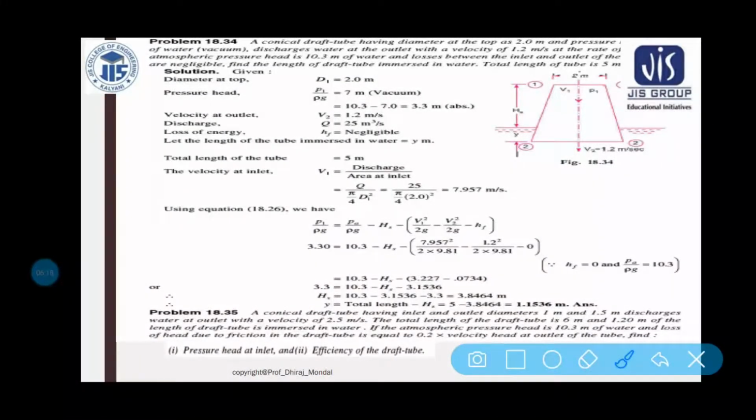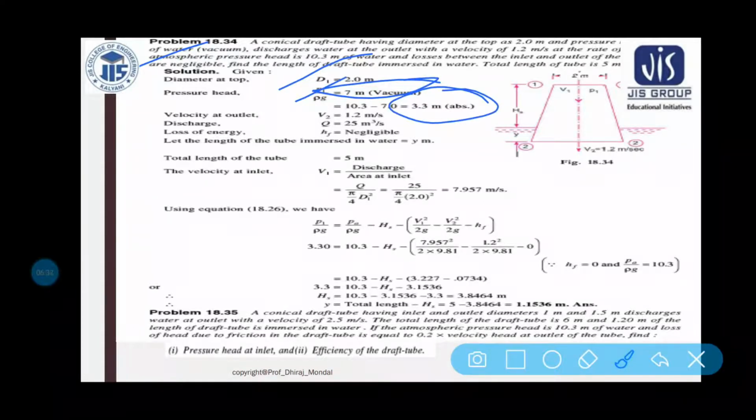Next question, here you can see 18.34. Basically diameter d1 is given, and pressure head P1 by rho g is given as 7 meter in vacuum. Okay, so if it is 7 meter vacuum, then with 10.3, this is your absolute pressure.